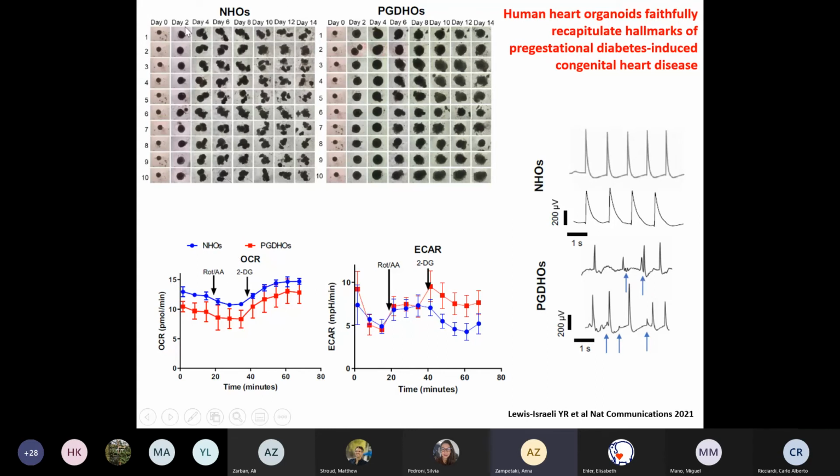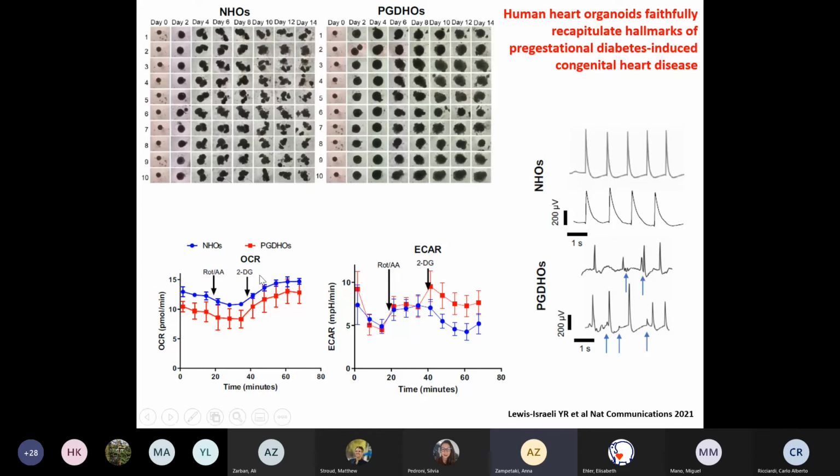And as you can see, even by looking at them, there are big differences in their morphology. Your diabetic organoids have a form of macrosomia that may indicate cardiac hypertrophy, just like you see in congenital heart defects.